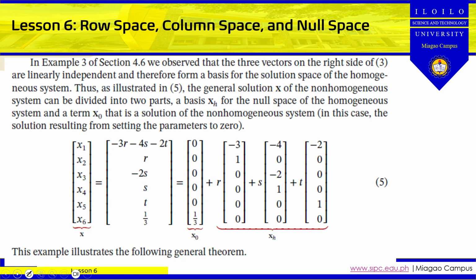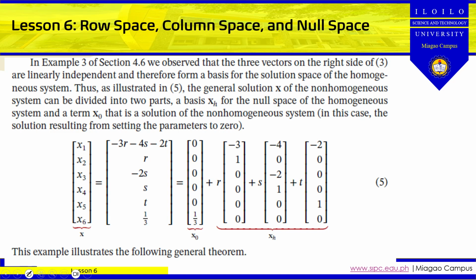So in example 3 of the previous discussion, we observe that the three vectors on the right side are linearly independent and therefore form a basis for the solution space of the homogeneous system. Thus, it is illustrated in the figure below.